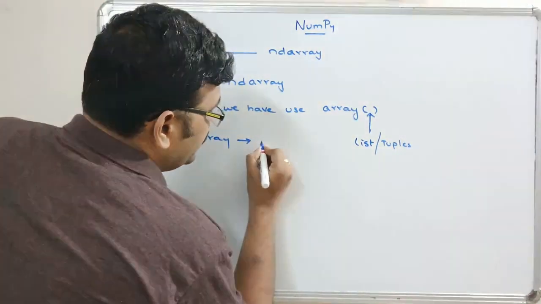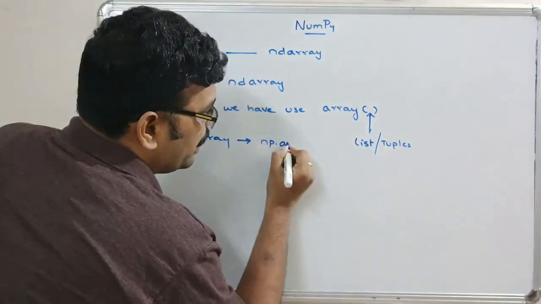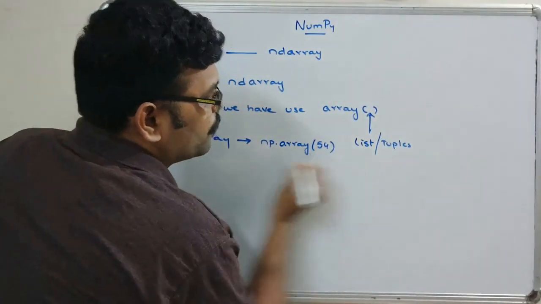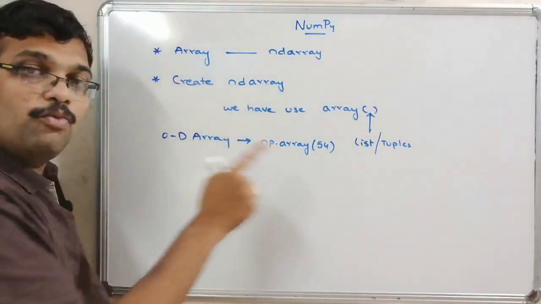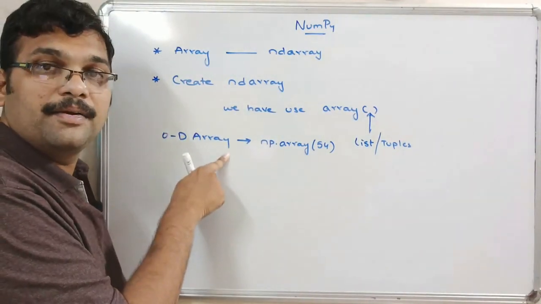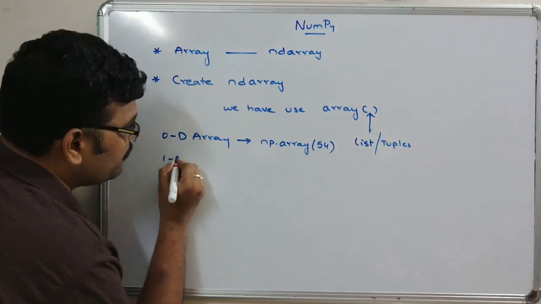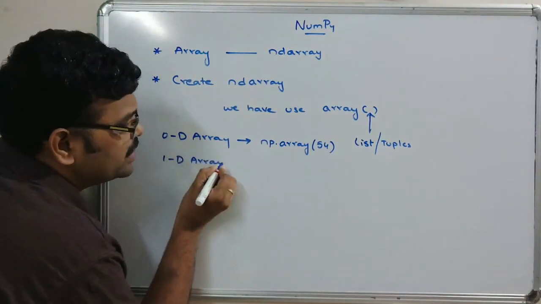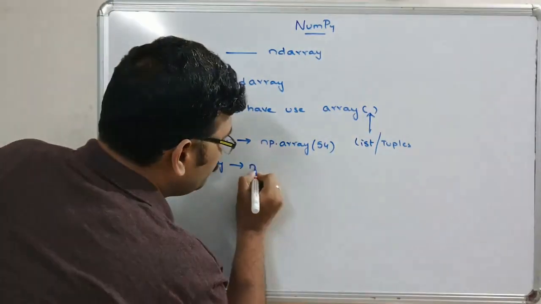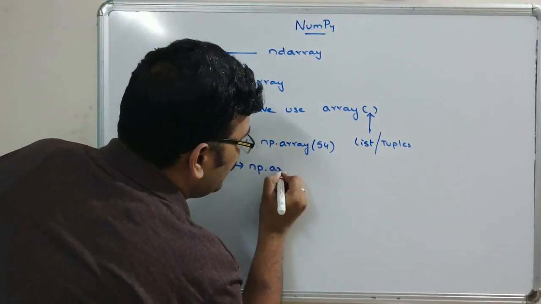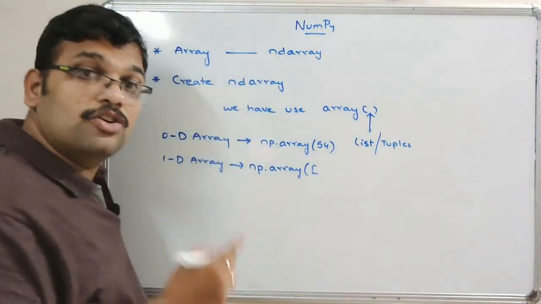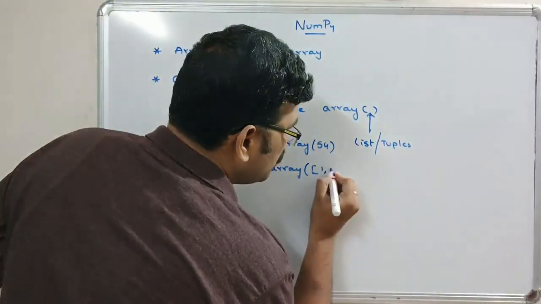So see, np.array of 54. This creates only one element, that is called a 0-dimensional array. Okay. Similarly, a 1-dimensional array is nothing but our list concept. Here you can pass np.array of a list or a tuple.